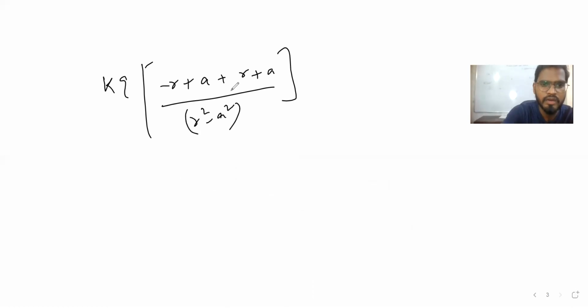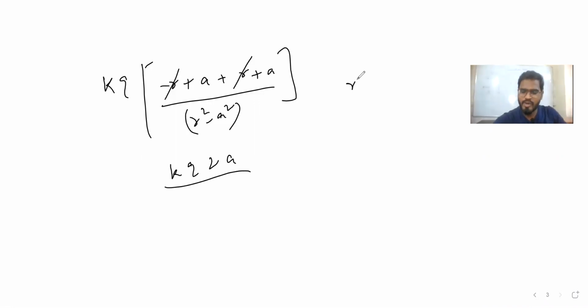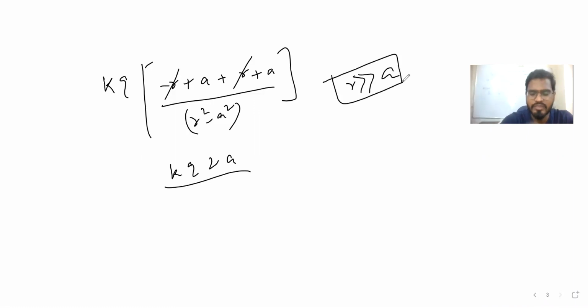Okay, r cancels out, 2a and then q, kq by... Okay guys, here also we consider r far greater than a. Assuming r is far greater than a, a is going to be 0. So kq... by r square is equal to V, the net potential.